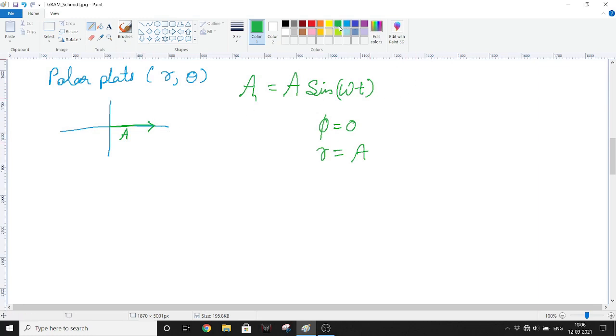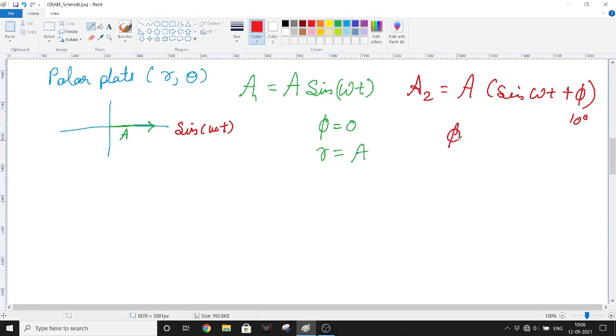In a similar case, what if my A2 was represented with the same amplitude A, with a sine of omega t plus phi? And remember, this axis is sine omega t. Phi is equal to some 10 degrees, consider.